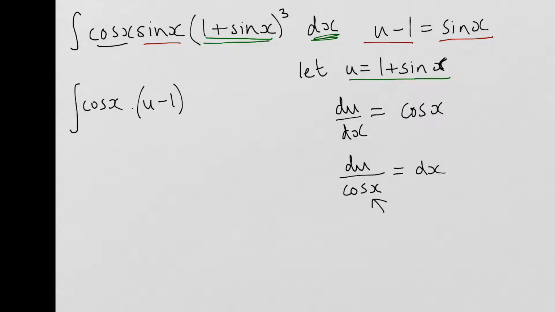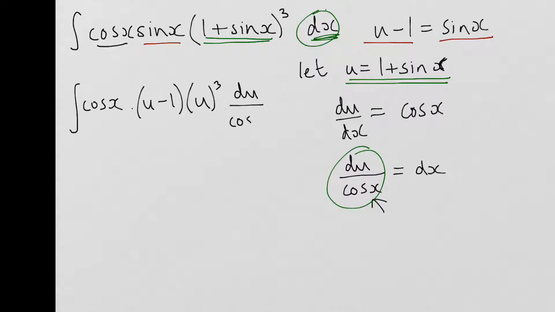This 1 plus sine of x is obviously equivalent to u, so I'm going to replace that for u cubed. And then my dx over here, I'm going to replace by du over cosine of x, and there we see that our cosines of x are going to cancel out.